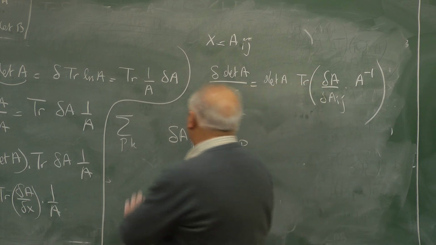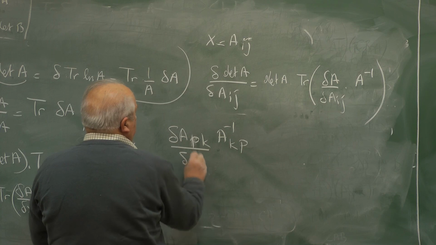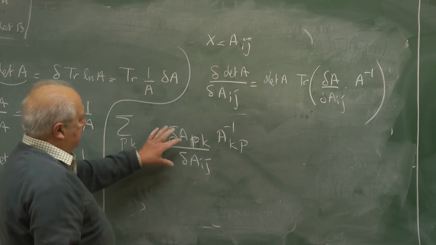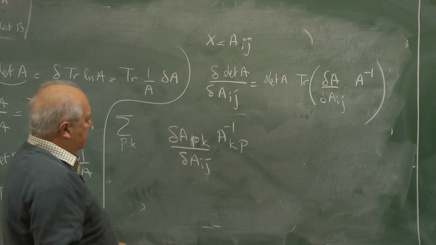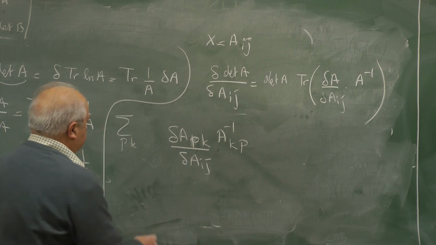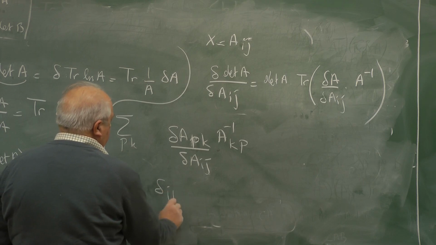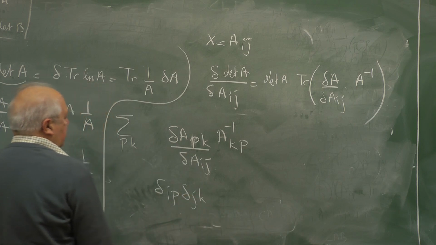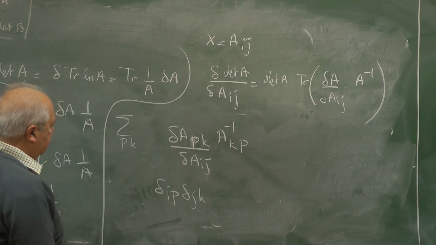And now we are taking the derivative with respect to aij. Well, if you take all elements to be independent, there is only one term that contributes. We have here delta IP delta JK. That's the only thing, because all other elements are independent.